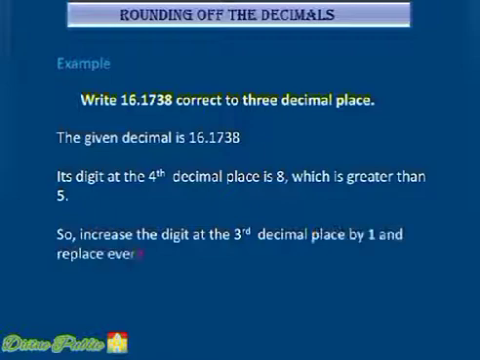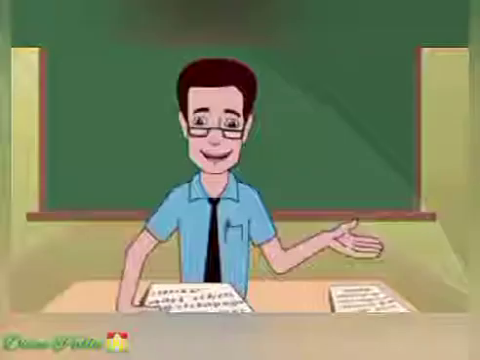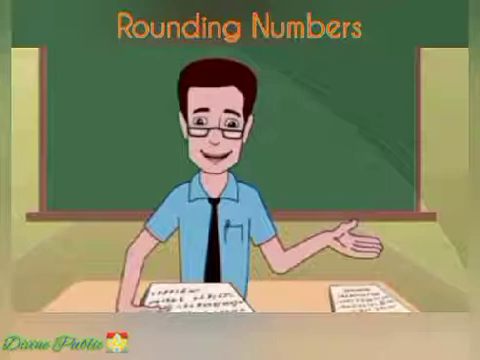So, increase the digit at the third decimal place by 1 and replace every digit after it by 0. Therefore, rounded number equals 16.1740.